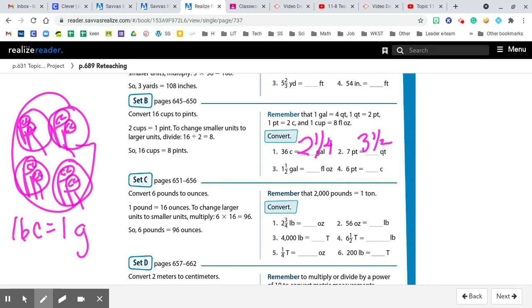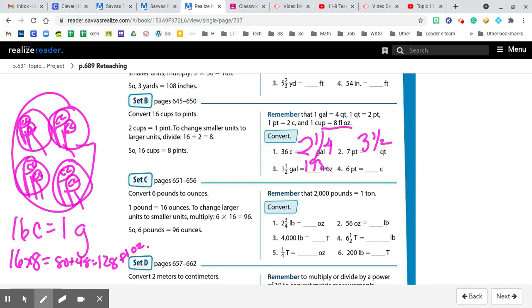1.5 gallons is how many fluid ounces, and remember, for fluid ounces, 1 cup is 8 fluid ounces, so we'd say 16 cups times 8 would be 80 plus 48 equals 128 fluid ounces in a gallon. So 1.5 gallons would equal 192.